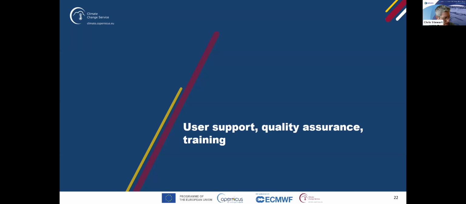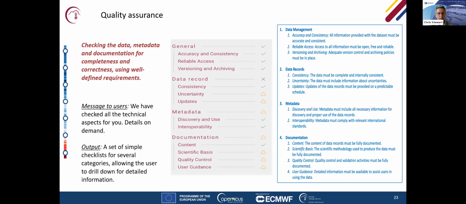A few slides on user support, quality assurance, and training. So C3S is an operational service. It doesn't just provide data for researchers to use without any kind of support. We do provide a lot of operational support. And one of the things I'd like to mention is the evaluation and quality control.